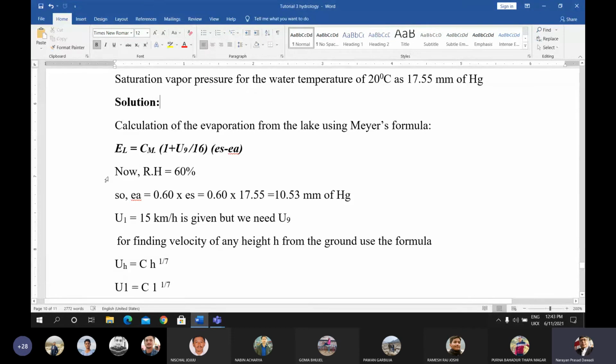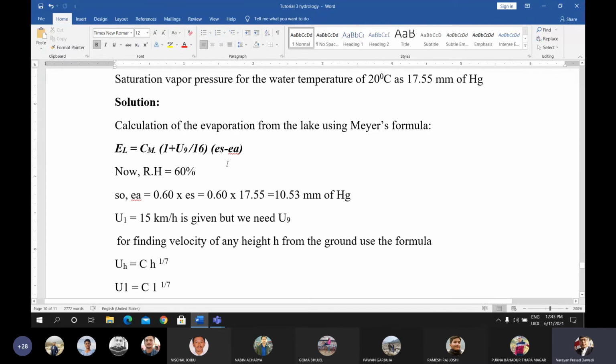And from Meyer's formula, the evaporation loss is calculated by using this formula: coefficient of Meyer into (1 plus U9 by 16) and the difference between the saturation vapor pressure, that is ES minus EA. This is called the saturation deficit. Saturation deficit is the difference between the saturation vapor pressure and the actual vapor pressure of the air.